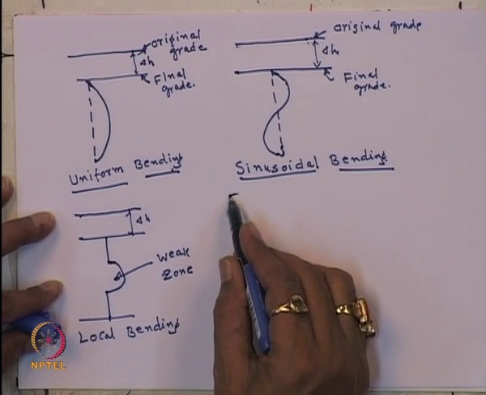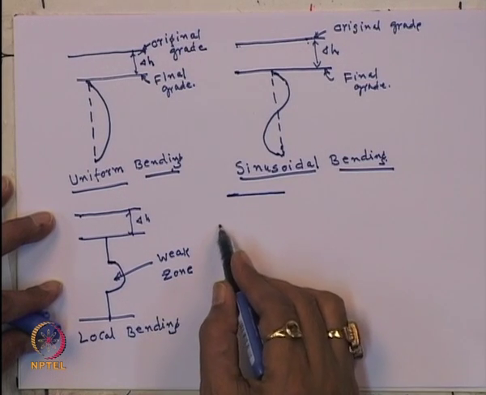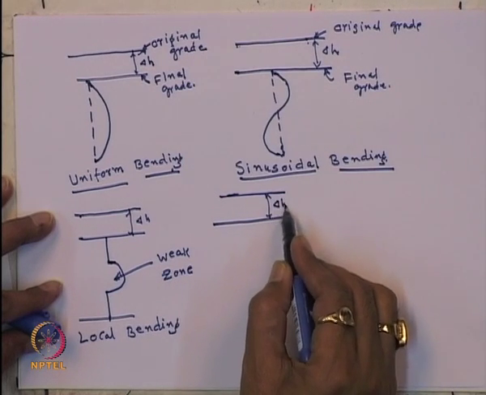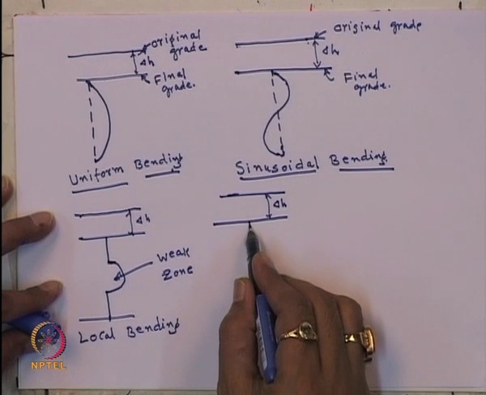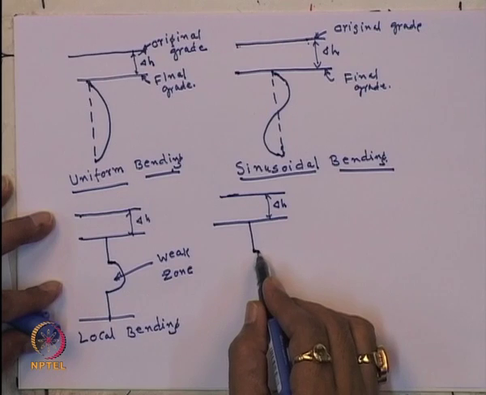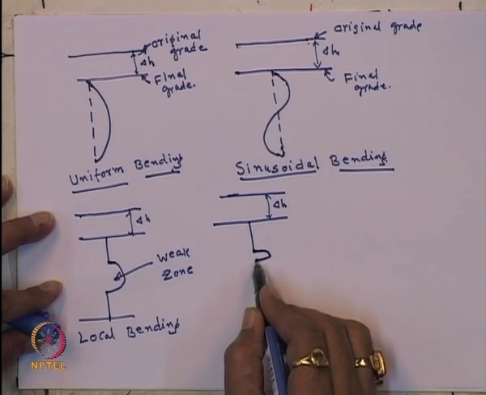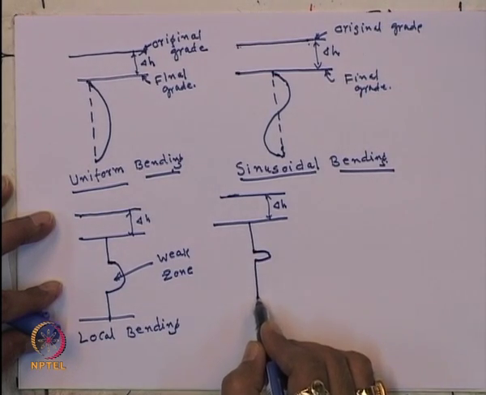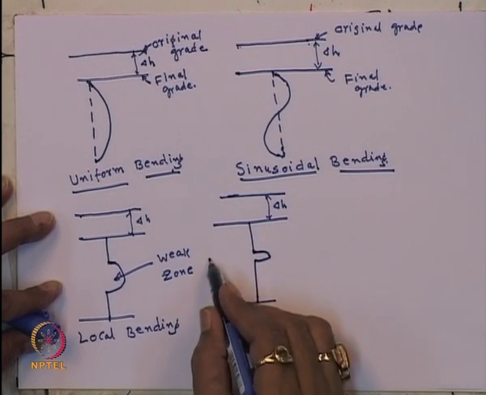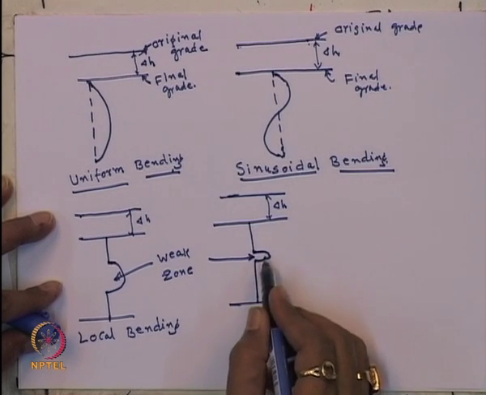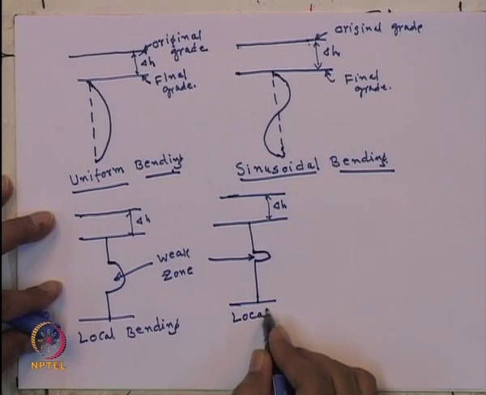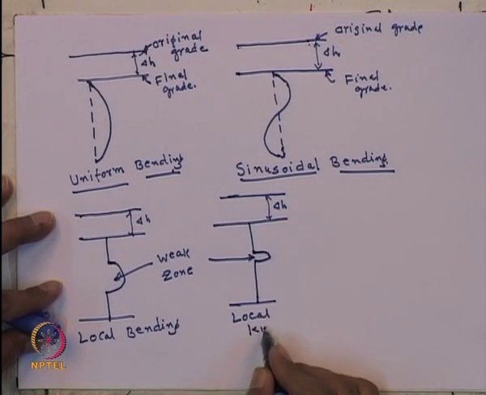Or it may be, this is delta H, or it may be like this. So, here also this is a weak zone, and this may be local kinking.